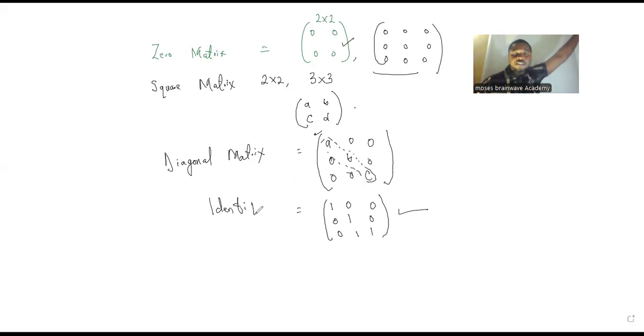The identity matrix has some unique features. If you multiply this matrix with any other matrix, you are still going to get that matrix. So this is for 3 by 3, and a 2 by 2 identity matrix is going to look like 1, 0, 0, 1. Good.